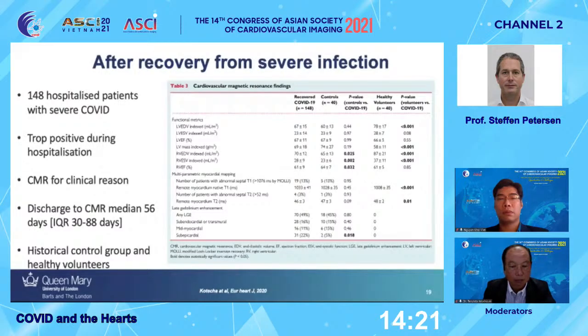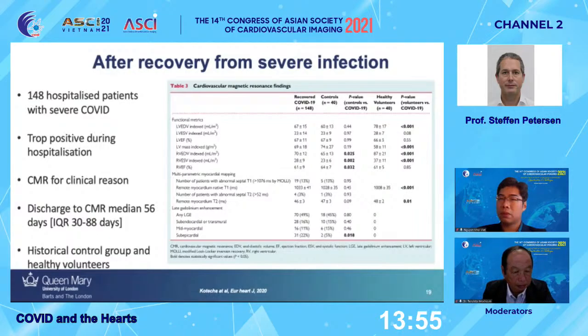How about more severe COVID-19 infections? Kotecha and colleagues presented this important study of severe COVID-19 in the European Heart Journal. They recruited 148 patients with severe COVID, all troponin positive during hospitalization. CMR scans were performed for clinical reasons and occurred a median of 56 days after discharge from hospital.